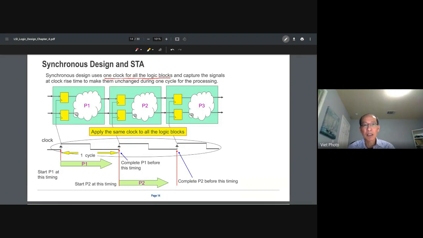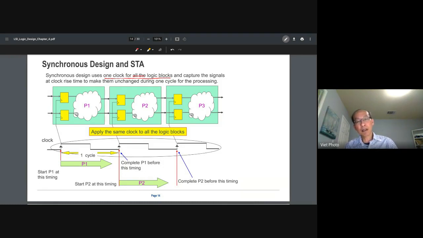So a synchronous design basically applies to each logic block, not all the logic blocks. Between one block and another, it could be a different voltage or a different frequency.